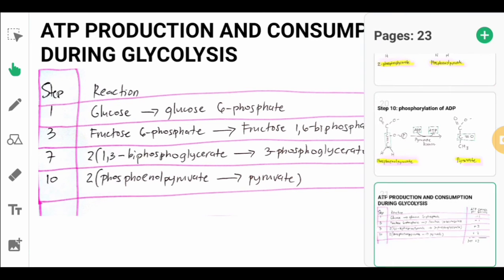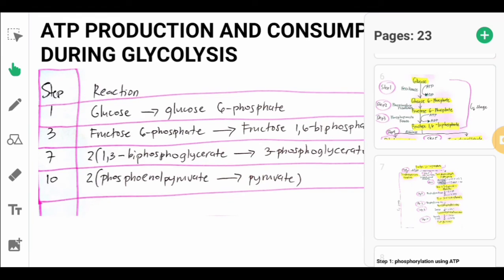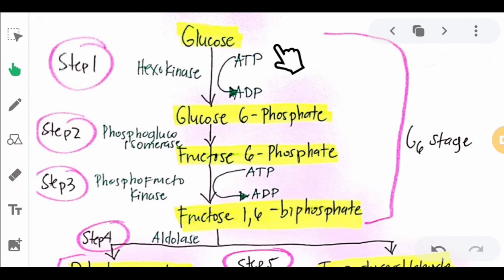We use an ATP to add phosphate on fructose 6-phosphate. That is why you have 2 phosphates here, in the first carbon and in the sixth carbon.